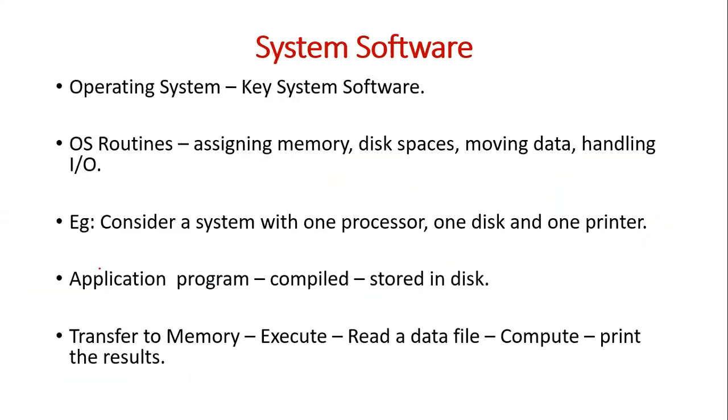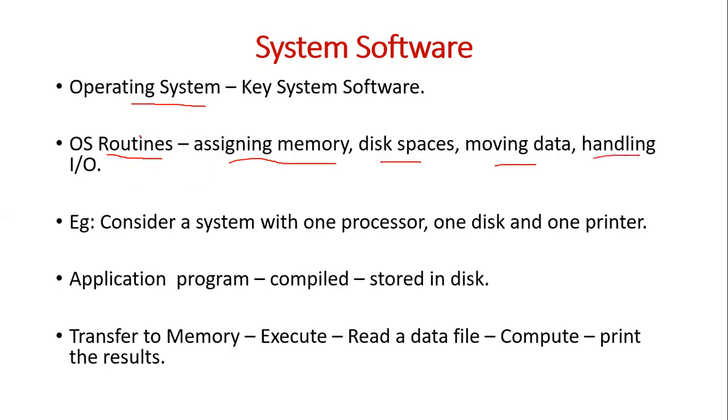One of the primary system software is the operating system. We have already learned the operating system course. So you know the typical tasks of an operating system are assigning memory to a process, assigning disk space, moving data from memory to secondary storage devices, or from secondary storage devices to memory, or from memory to an IO device, or from an IO device to memory, and handling input output operations.